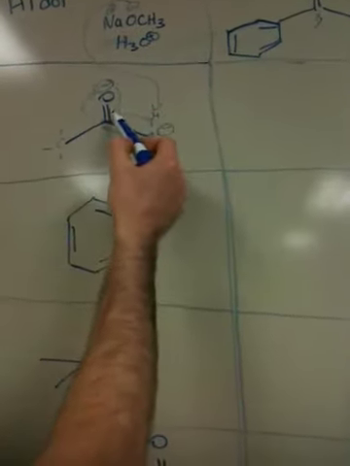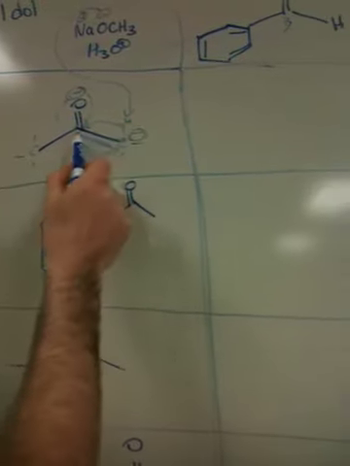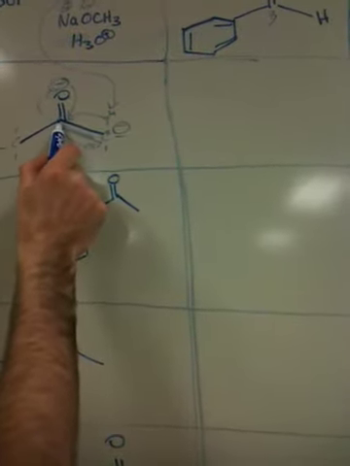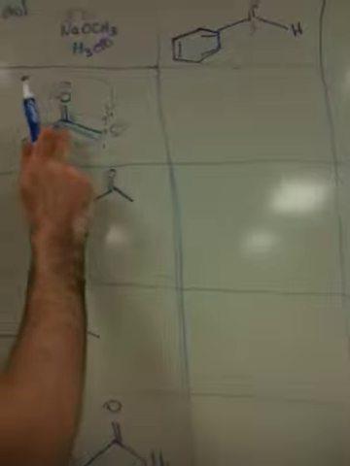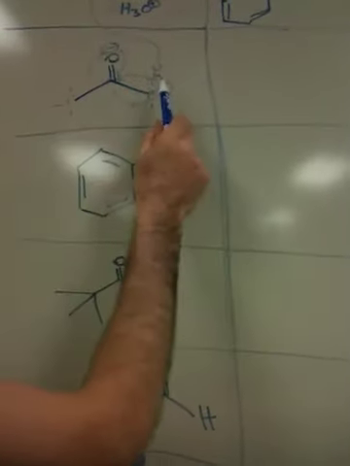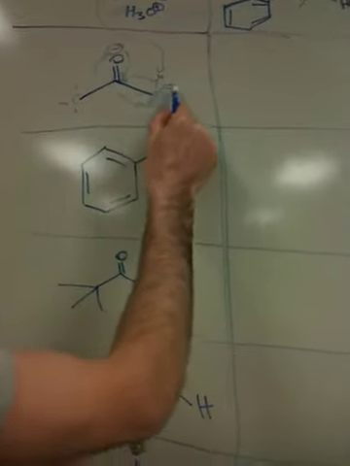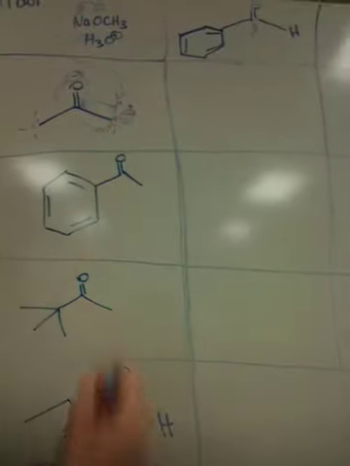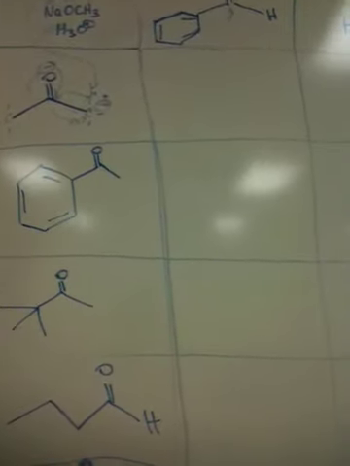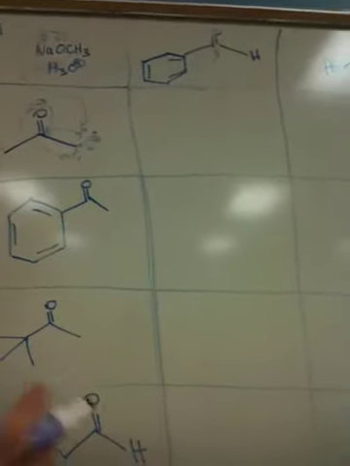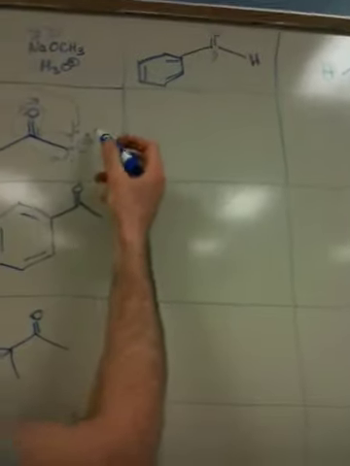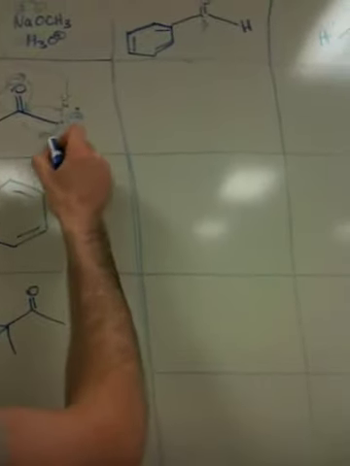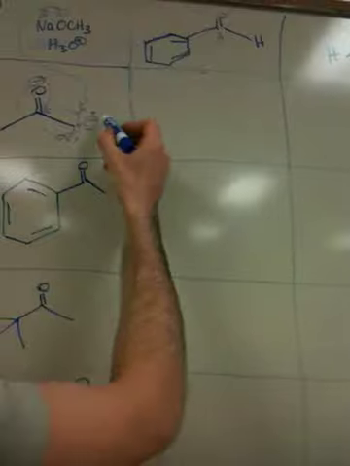The negative comes back down, and this double bond isn't going to stay. It's going to leave, so that this is negative. It has a free electron kind of chilling out there for just a split second, if you want to think of it like that. Since this is alpha, alpha goes to beta.